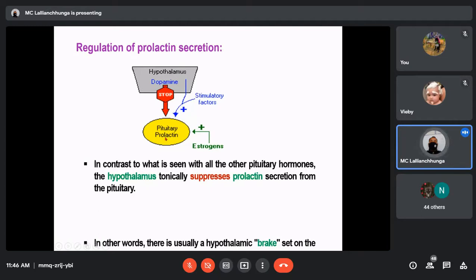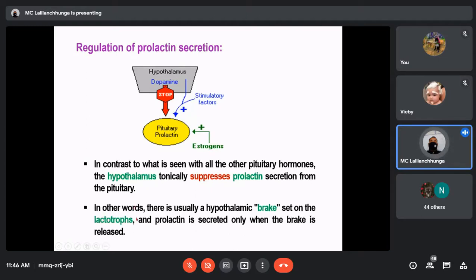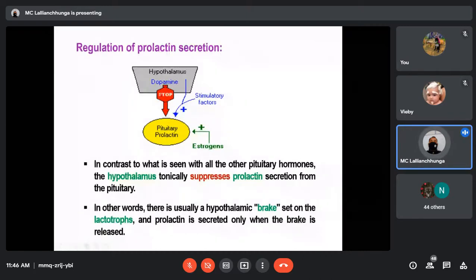In other words, there is usually a hypothalamic brake set on the lactotropes, and prolactin is secreted only when the brake is released. This brake is dopamine. When dopamine secretion is normal, there will be a brake on prolactin secretion.